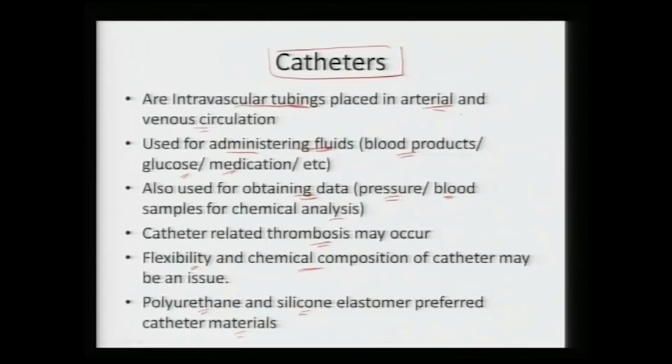So again, catheters are tubings which are required to either administer fluids or gather some data, which can be pressure or blood. But there are certain issues, such as flexibility and the chemical composition of the catheters, and that might lead to thrombosis for long term usage. Again, materials such as polyurethane or silicone have been utilized as catheters.